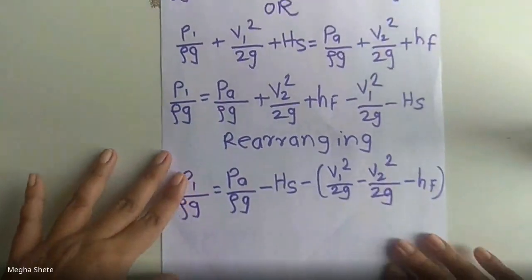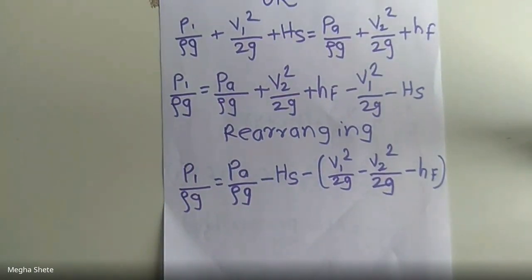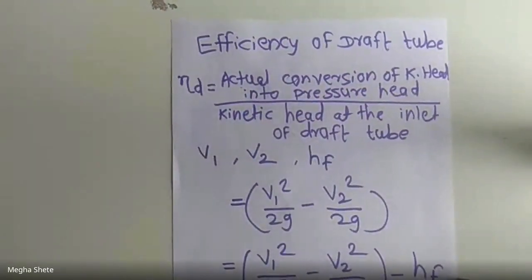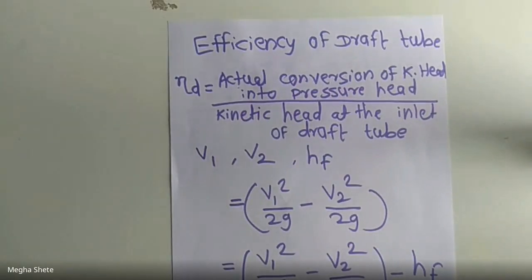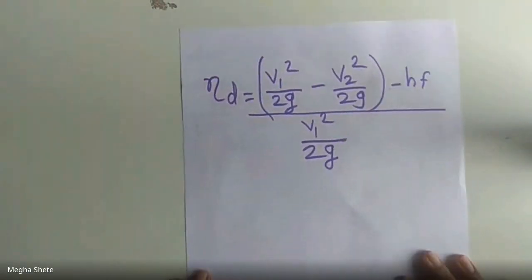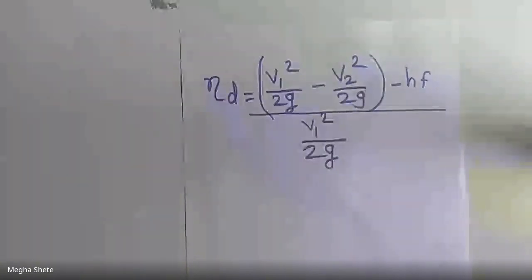In that, we have proved that pressure at the inlet of the draft tube is less than atmospheric pressure. Then we have seen the formula for the efficiency of the draft tube. This is the formula for efficiency of the draft tube. And at last, we have seen one example on the draft tube. Okay. So here we will end our lecture. Thank you. Have a good day.